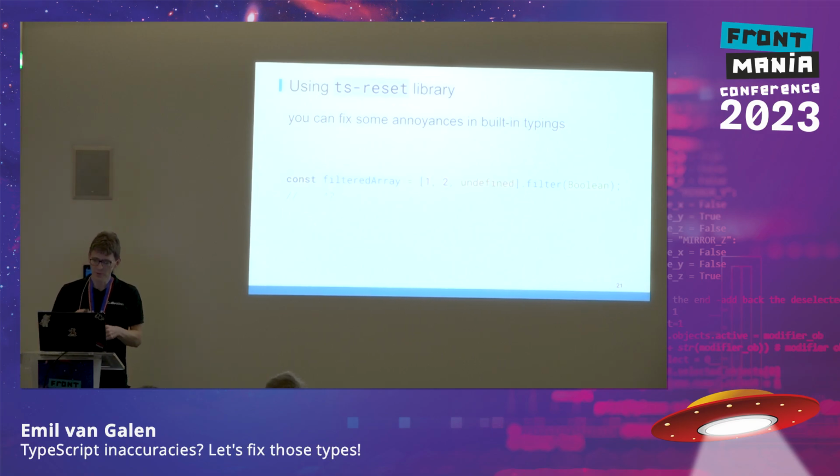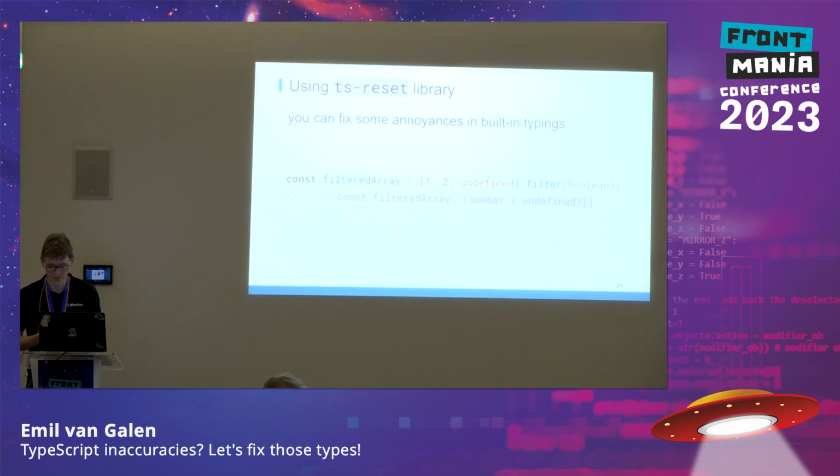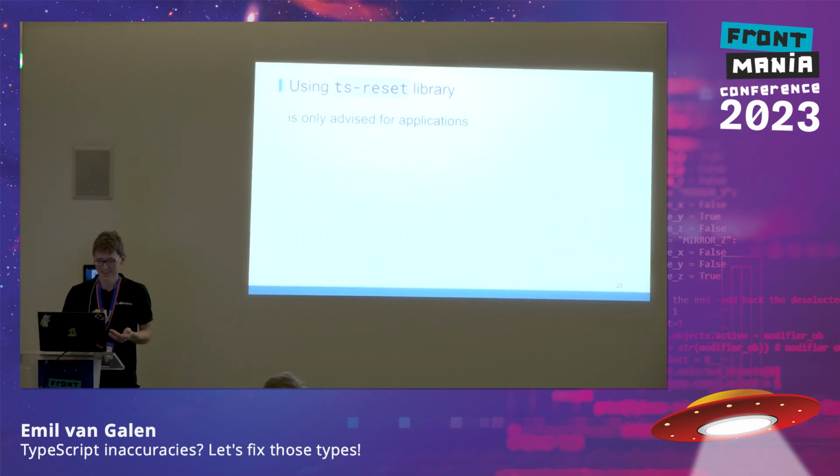For example, using the Boolean constructor with a filter on an array is a nice little way to filter out falsy values, to keep only the truthy values. And you want your type to be adjusted as well, so there shouldn't be undefined and null inside. Normally that will not be the case, but with this side effect import it will be.